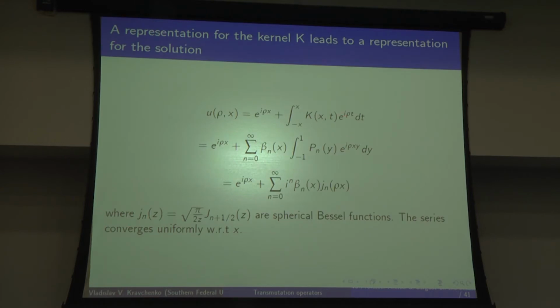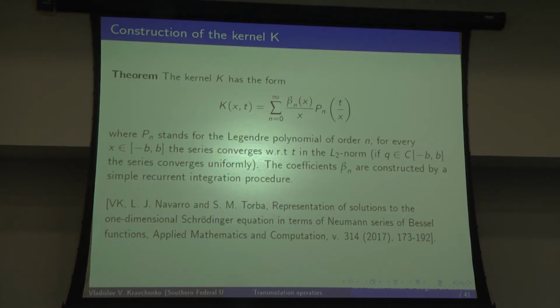It just follows from the fact that K is in the appropriate space L2. Now, Pn here is the Legendre polynomial of order n, and what can be shown is just that the series converges with respect to t in the L2 norm. If Q is continuous, then the series converges uniformly.